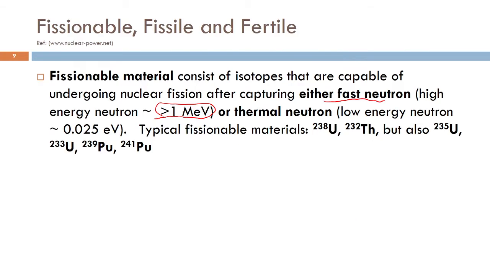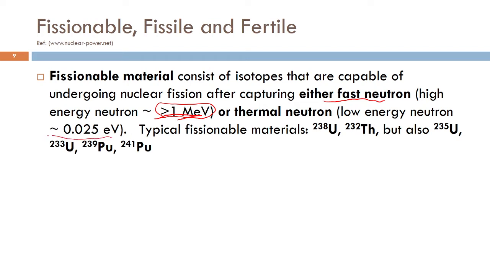I don't remember whether I explained fast, slow and thermal neutron in the previous chapter.